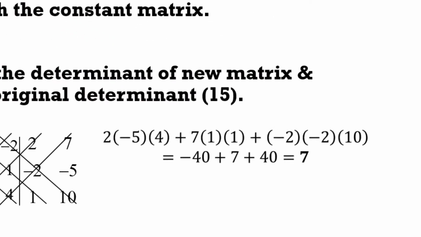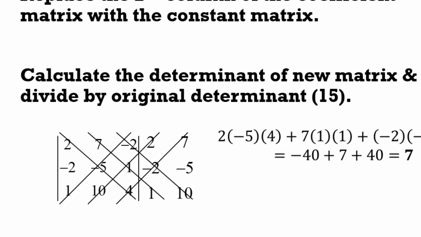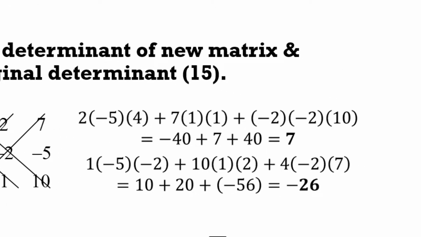And our other diagonals give us 1 times negative 5 times negative 2 plus 10 times 1 times 2 plus 4 times negative 2 times 7. And so when we add, we get negative 26.